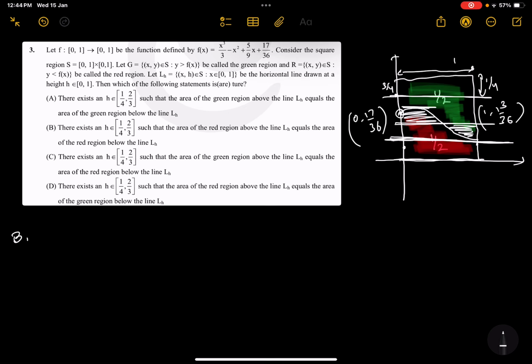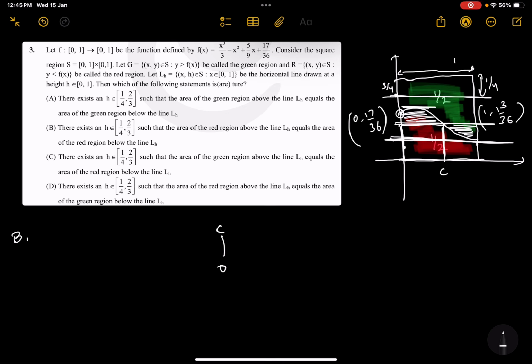To solve for this, we'll have integration of 0 to, this is y equals h. Let's say this point is f inverse of h. Let's say this is c.